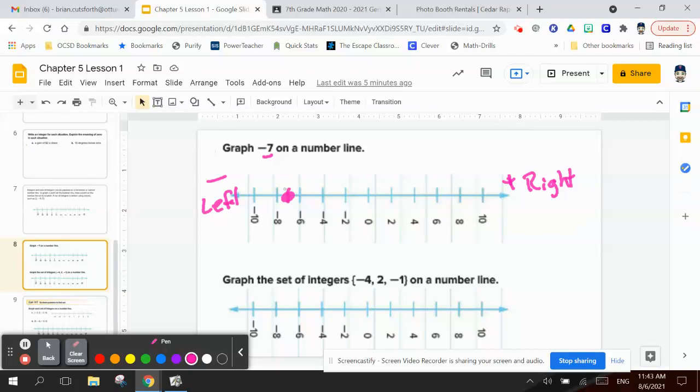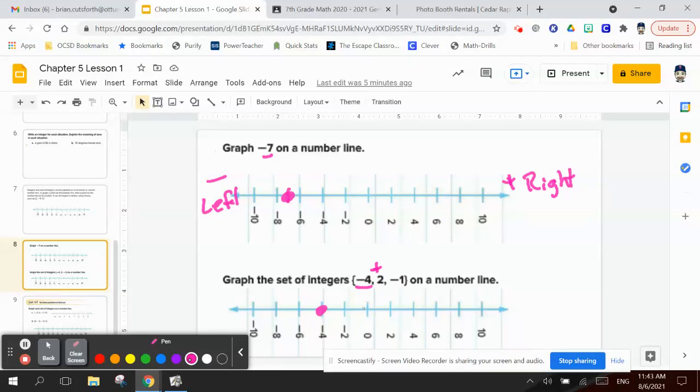The third one says to graph the set of integers -4, 2, and -1 on the number line. With negative being to the left, -4 would be 4 to the left. So I have -2, -4, and I'm going to stop because that's -4 and put a dot. 2, I know 2 is positive, so I go to the right.